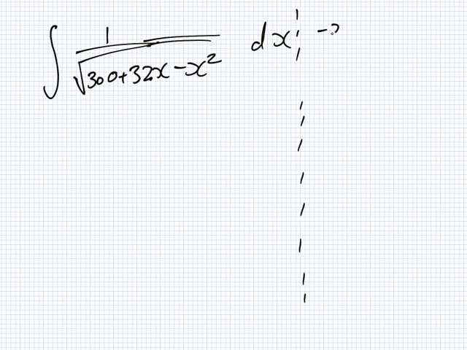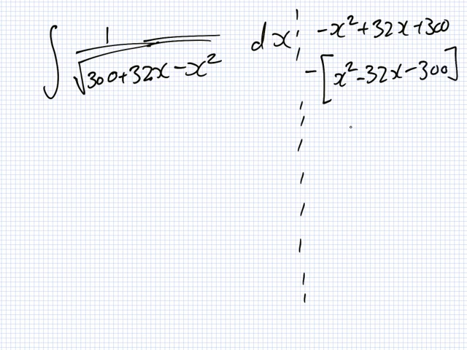So I have minus x squared plus 32x plus 300. So that would be minus bracket x squared minus 32x minus 300, minus bracket x minus 16 squared. That's going to be 556. Is that right?